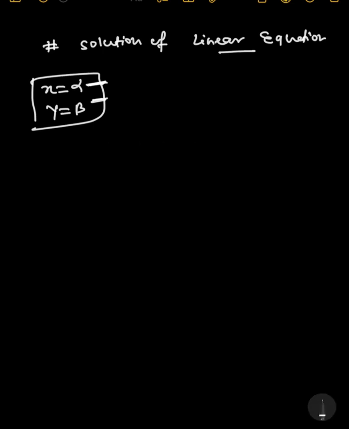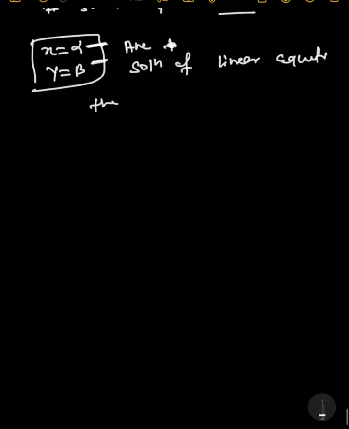Then we have to write it like this: if these two are the solution of the linear equation ax plus by plus c equal to 0, then it must satisfy that a alpha plus b beta plus c equal to 0.